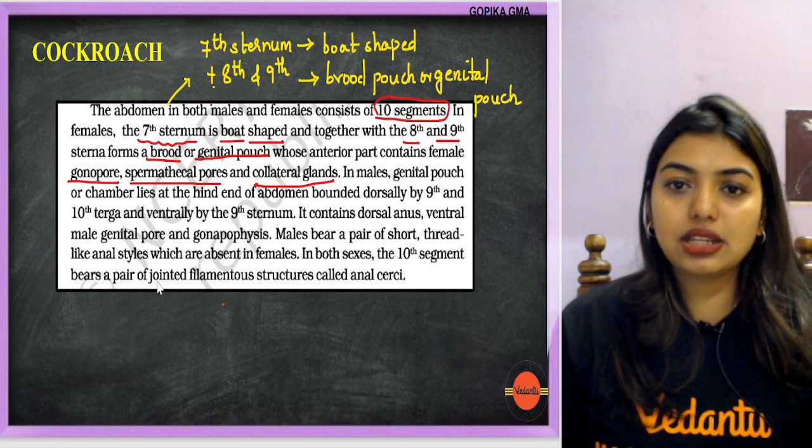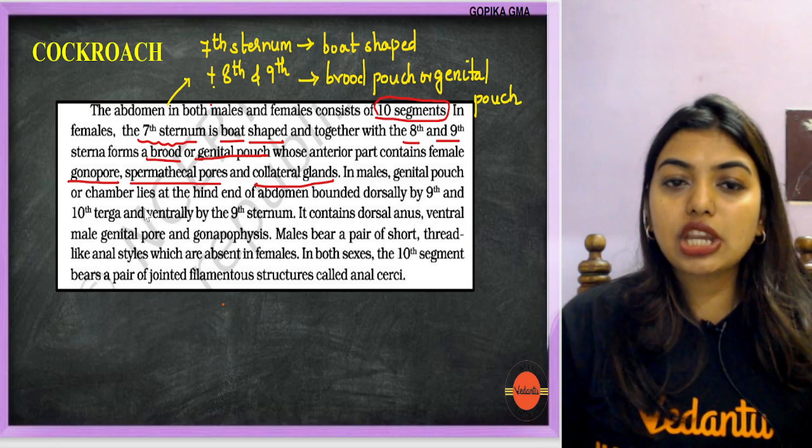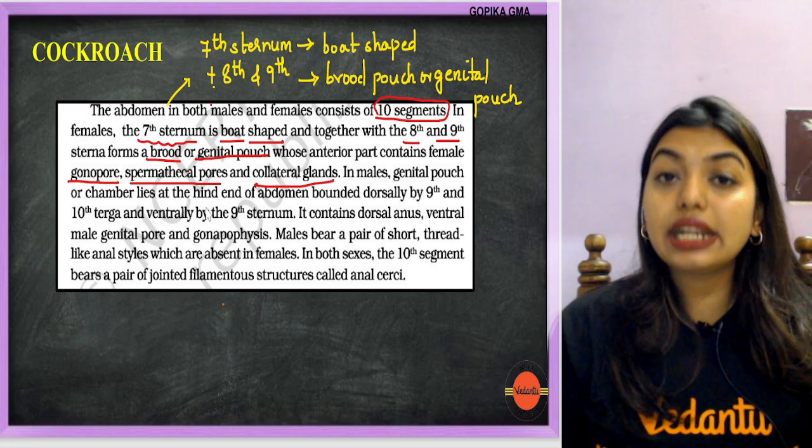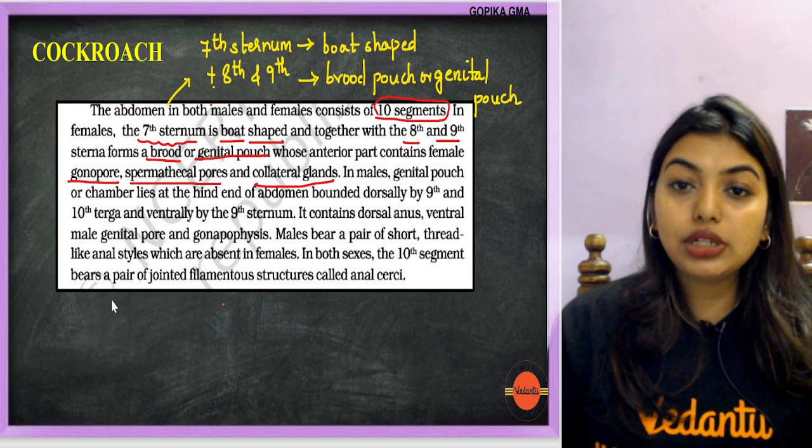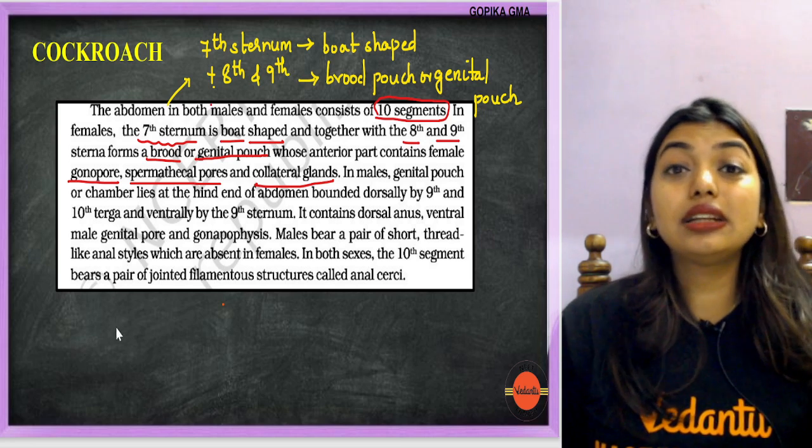Now in males, look here, the genital pouch or chamber lies at the hind end of the abdomen, bounded dorsally by the 9th and 10th terga and ventrally by the 9th sternum.